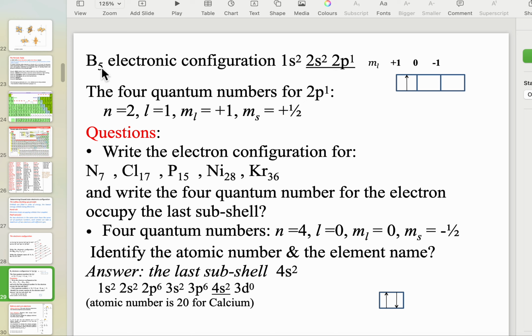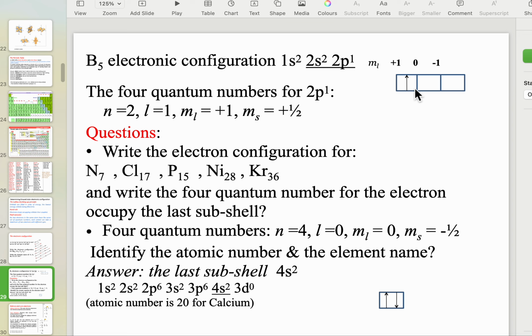So if we come to B, atomic number 5, boron, 5 electrons. The electron configuration is 1s2, 2s2, 2p1. You see, 2, 2, and 1, that's 5. So the last electron, which determines the property of the element, is in p.